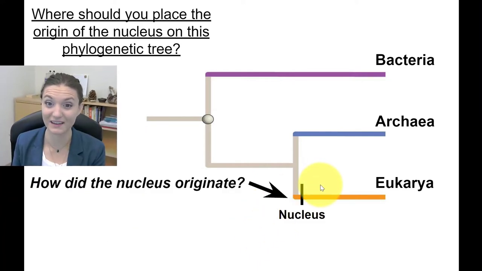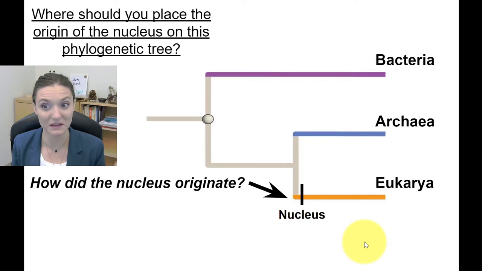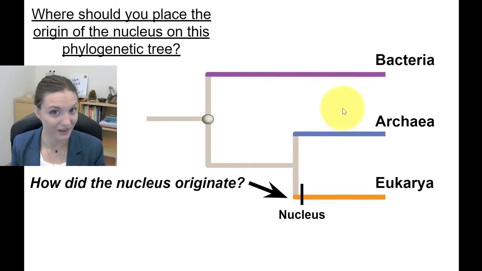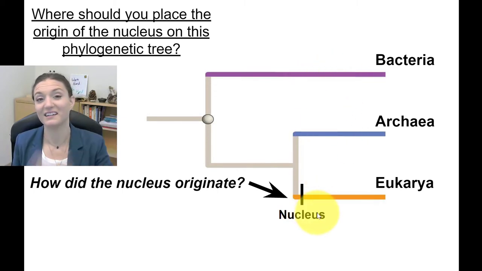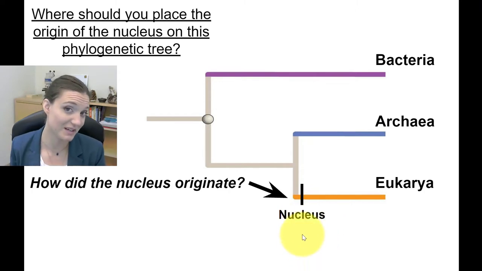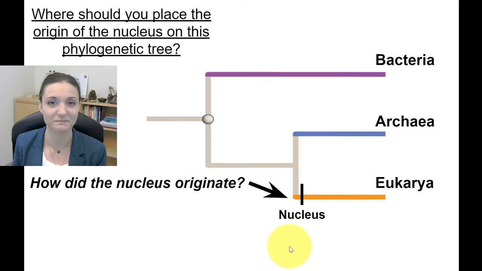Yep, so only eukaryotes have a nucleus. So how did the nucleus originate? That's one of the key things about eukaryotes, is that they have a nucleus. Archaea and bacteria do not. We talked about how that results in a high mutation rate in the DNA of bacteria and archaea. Eukaryotes have a nucleus that protects their DNA, which helps minimize mutations of DNA.